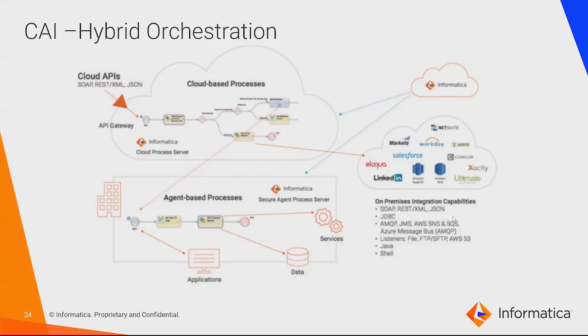For any event-based systems, we can always use JMS, or for cloud-based events such as SNS or SQS, we support all those connectors. Again, you can always do a file-based integration. We also have the capability to call Java or shell processes. So in short, this should allow you to integrate with any scenario and build the orchestration that you will need to complete a business process.